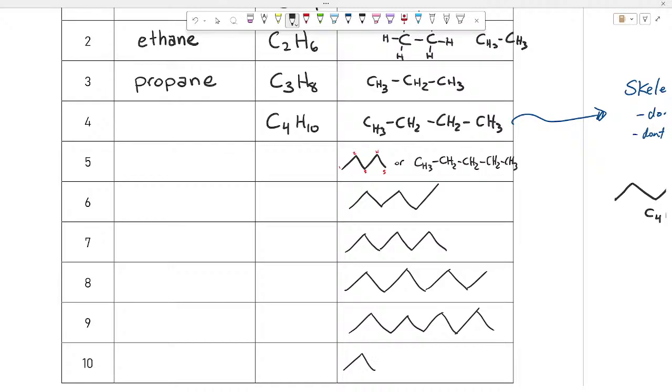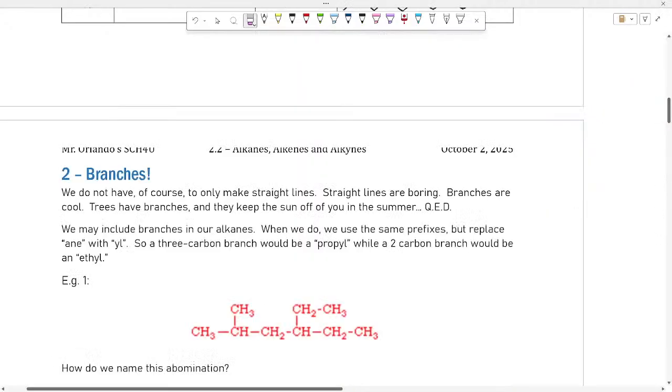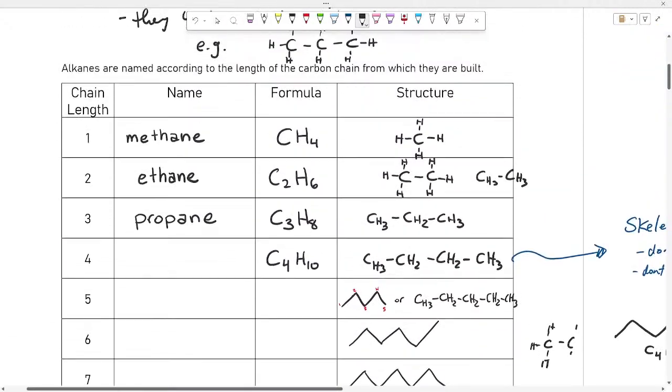And 1 through 10. Again, if you want to draw every carbon and hydrogen bond, like if you want to draw this as C, H, H, H, C, you go nuts. I'm not doing that. That's a lot of lines and a lot of H's. But don't let me stop you.